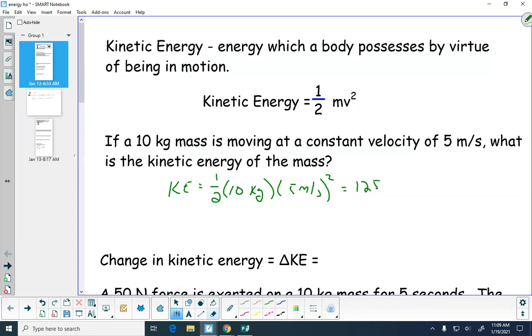Let's take a look at the units. We have meter squared times kilogram per second squared. Let's do some rearranging. We have a kilogram meter per second squared multiplied by a meter.